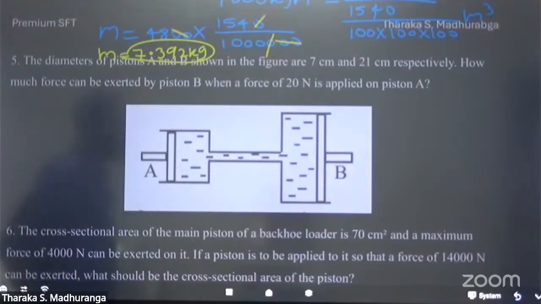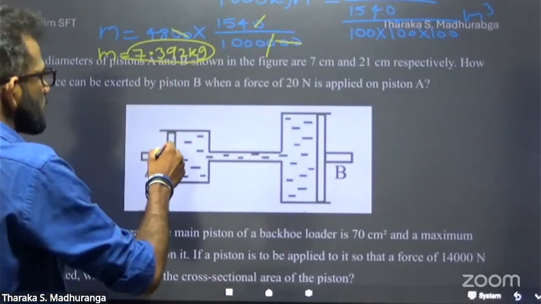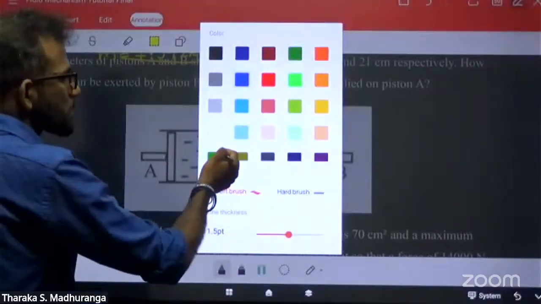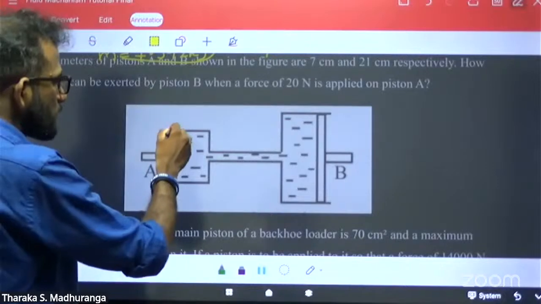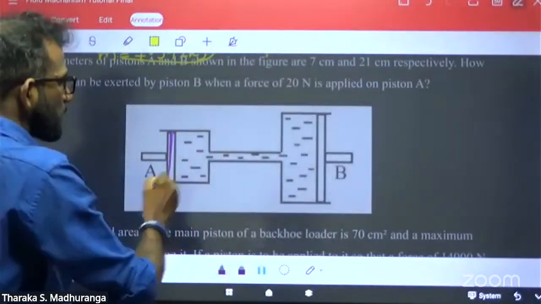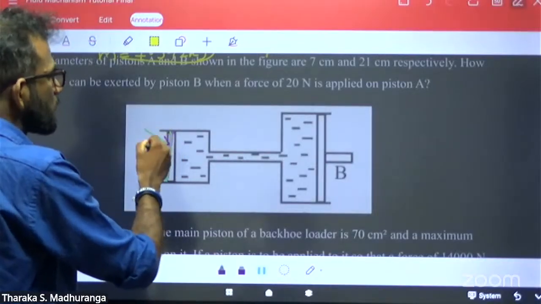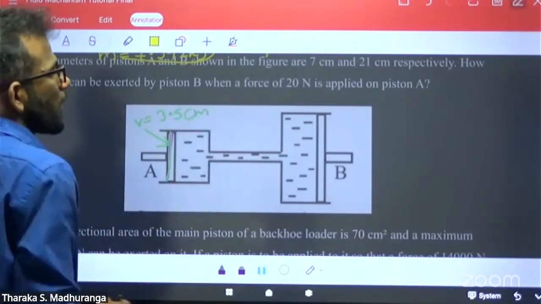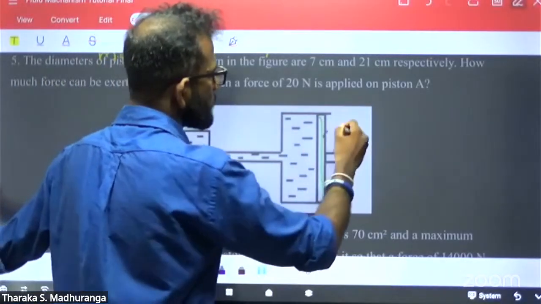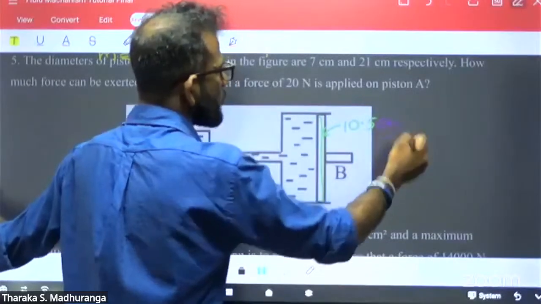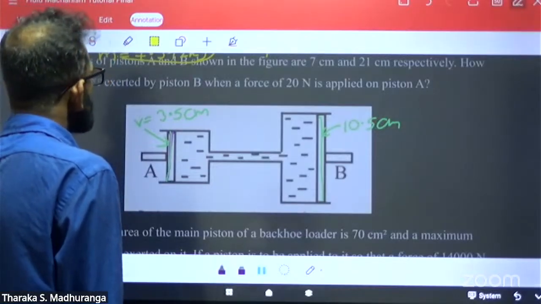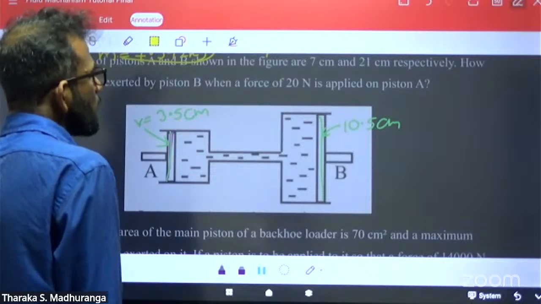That means this diameter is 7 centimeter, so the radius is 3.5 centimeter, and the other diameter is 21, so the radius is 10.5 centimeter.